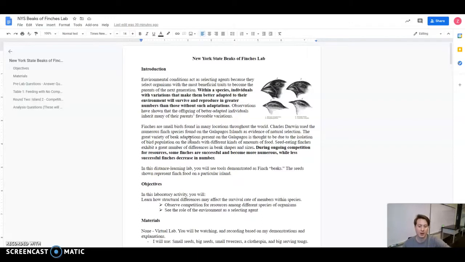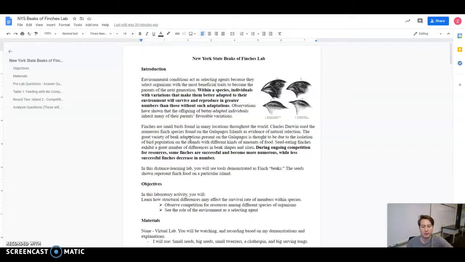Now these finches that we've talked about, they're small birds. They're found in many locations throughout the world. However, Darwin studied them in the Galapagos Islands to the west of South America. He really noticed a great variety of beak adaptations in his studies, and this is thought to be due to the isolation of the islands and competition between food resources.